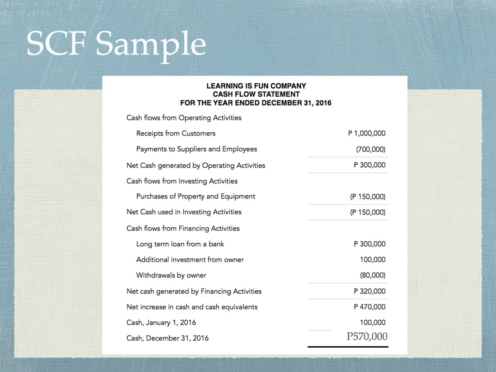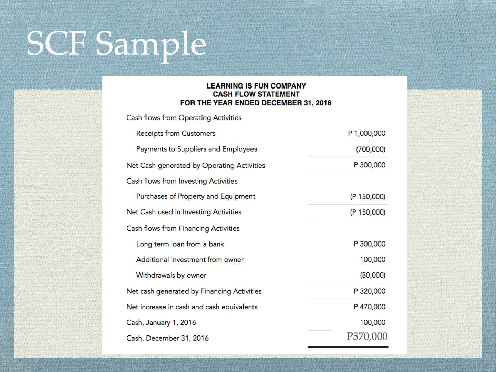Take a look at this example of the statement of cash flows. So don't forget the title. The first line of the title, we have the company name. Second, the statement name. And then third is the date, using for the year ended or for the month ended. So these statements are divided into three activities.